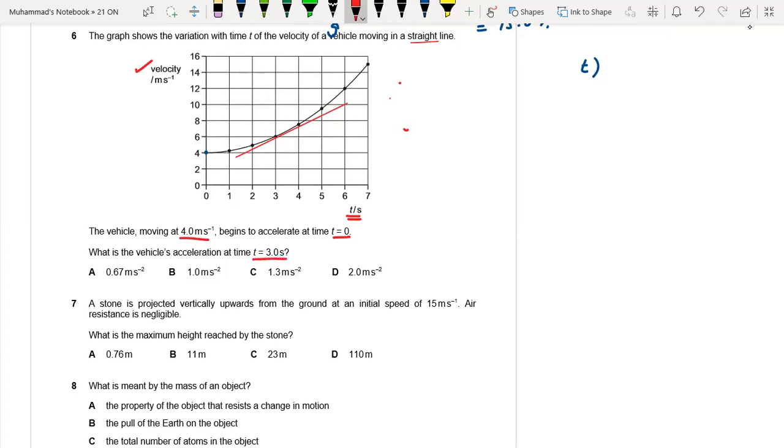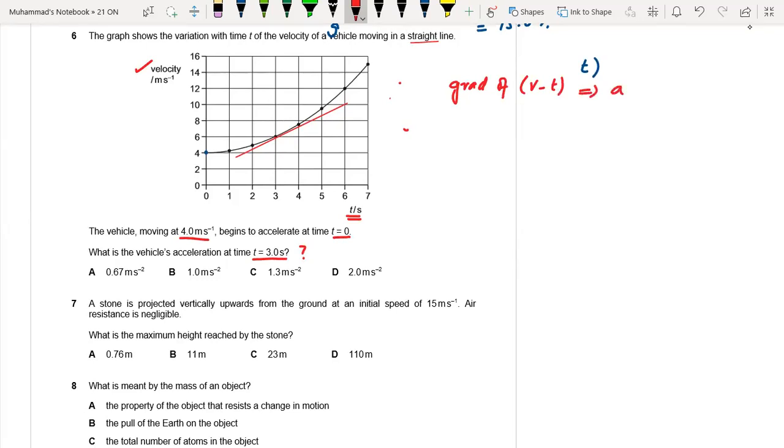You know that we have to find acceleration at t equal to 3 seconds. And how do you find acceleration from a velocity-time graph? You know that the gradient of a velocity-time graph gives you acceleration.